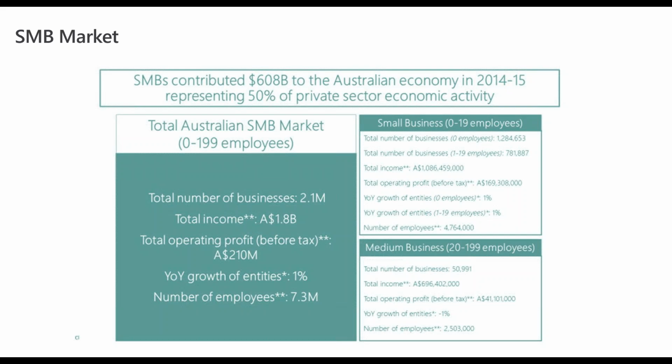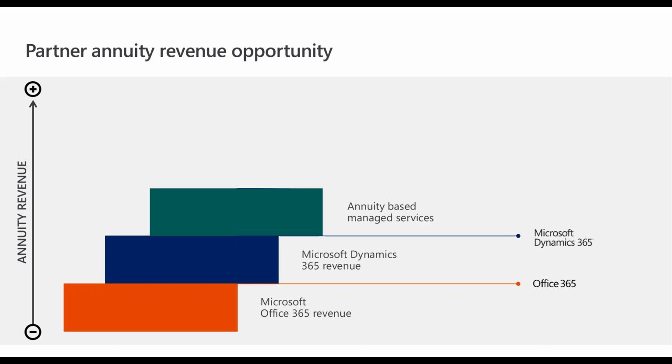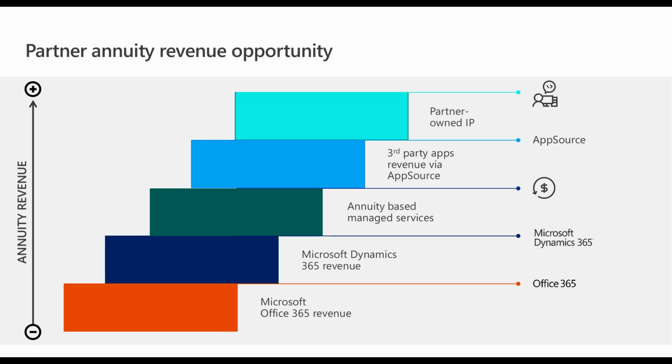From a partner side, there's a number of ways to make money out of the solution. So obviously your Microsoft Office 365 revenue. On top of that, your Microsoft Dynamics 365 revenue. Then your annuity-based managed services, so we provide support, etc., on a yearly basis and charge a customer for that. If you get into building third-party apps, you can get revenue by AppSource. And if you create your own IP, you can also get revenue by that.